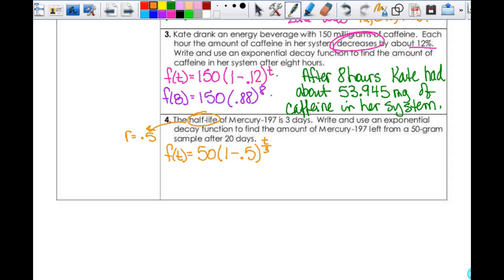Does that make sense? Then I get to substitute it in, and I've got f of 20, because it said 20 days, equals 50 times 0.5 to the 20 over 3 power. Careful with your parentheses there on the 20 over 3. Make sure that when you take that 0.5 to the exponent that you put the 20 divided by 3 in parentheses. Otherwise, it is not going to calculate out correctly for you.